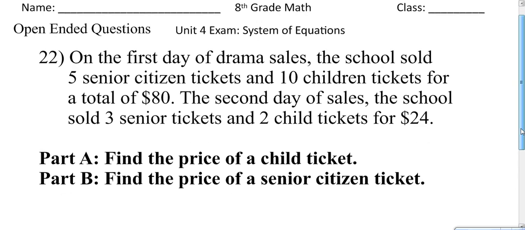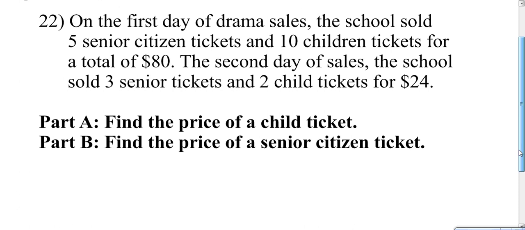Okay, number 22. On the first day of drama sales, the school sold 5 senior citizen tickets and 10 children's tickets for a total of $80. The second day of sales, the school sold 3 senior tickets and 2 child tickets for $24.